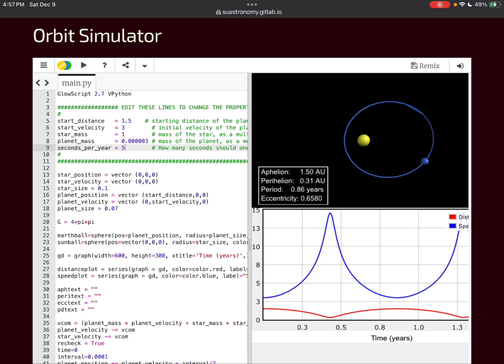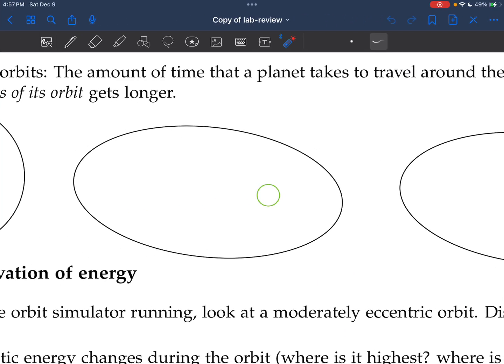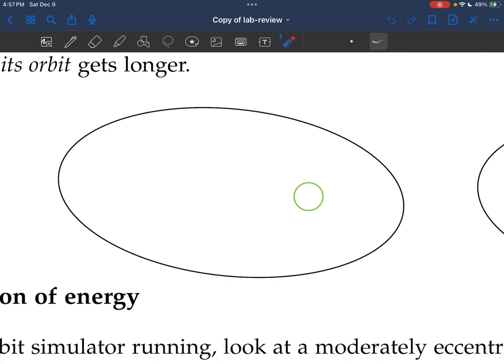It speeds up and it goes slower out there towards the aphelion, however you're supposed to pronounce it, the one that starts with an A. So it goes faster as it's closer to the sun. So if I come back over here, that means that in the same amount of time, this will travel a further distance because it's going faster.